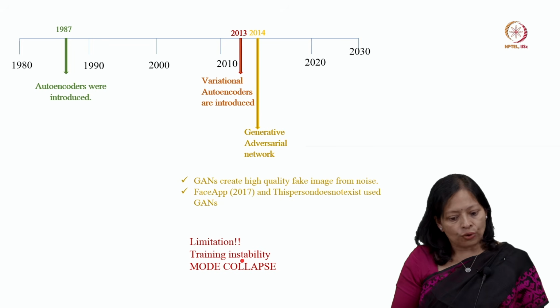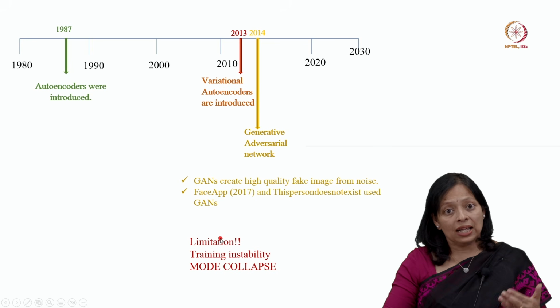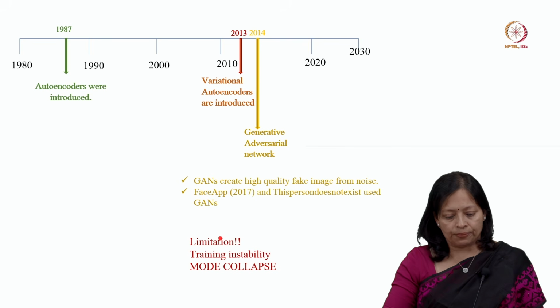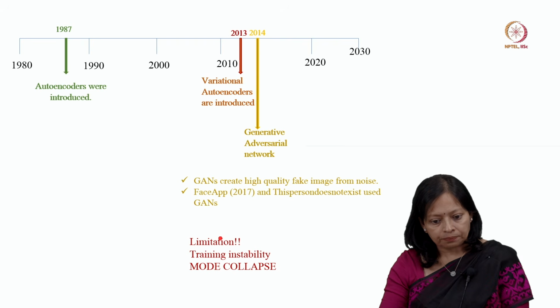This is called mode collapse. And also the training of GANs is a challenge. It is very unstable for training purposes. So, training instability is a major limitation in GANs.